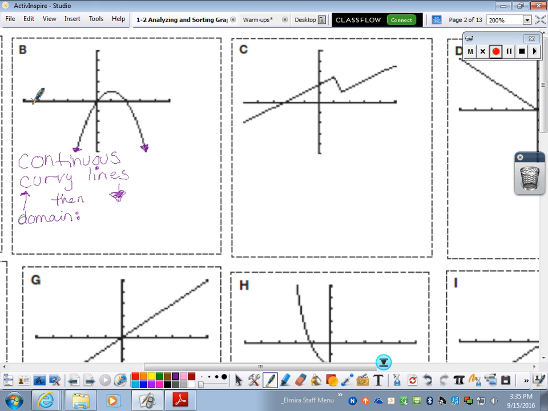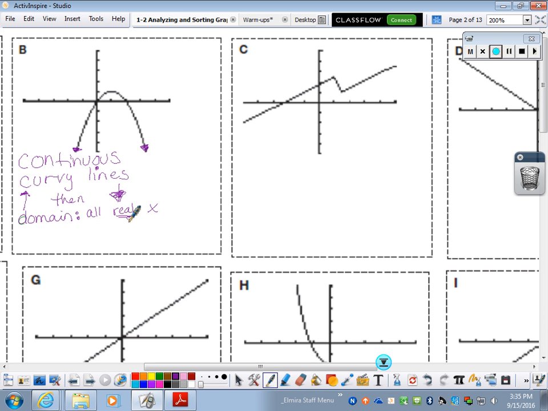If I'm way out here, it looks like I can't go down and touch the function, but that's a limitation of the size of the picture. This arrow indicates that it is going down at an angle. So that means that eventually I would get to a point where I could drop a vertical line down and touch the graph in both directions. So the domain for this graph, there's no limitation on my values for x. So I would say it's all real x.